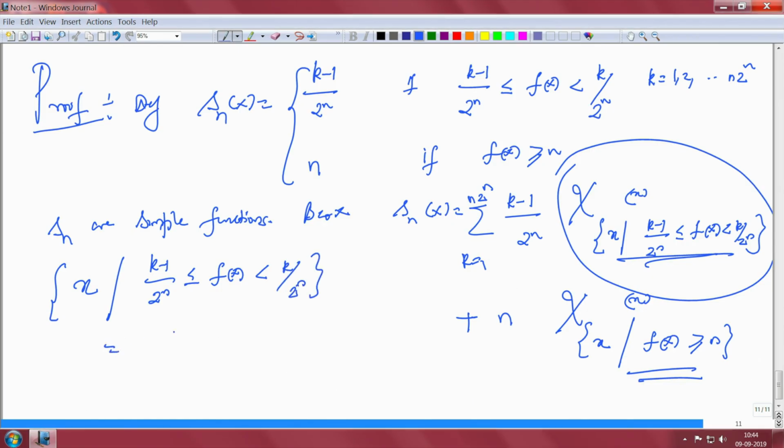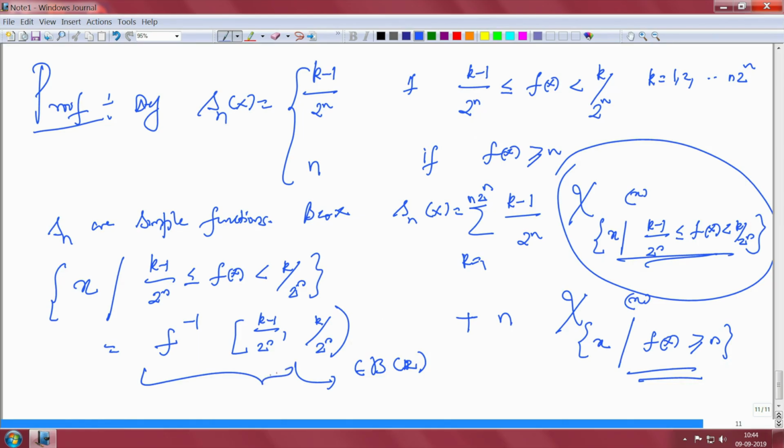This is nothing but f inverse of the interval [(k minus 1) by 2 to the n, k by 2 to the n), and this is a Borel set, so this set would be measurable. This implies that the Sn are measurable. Next we prove that Sn converges to f.